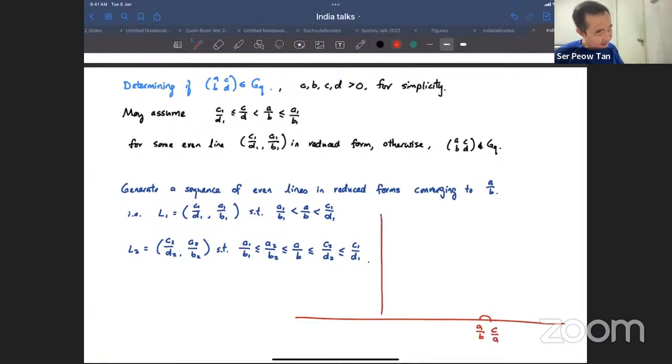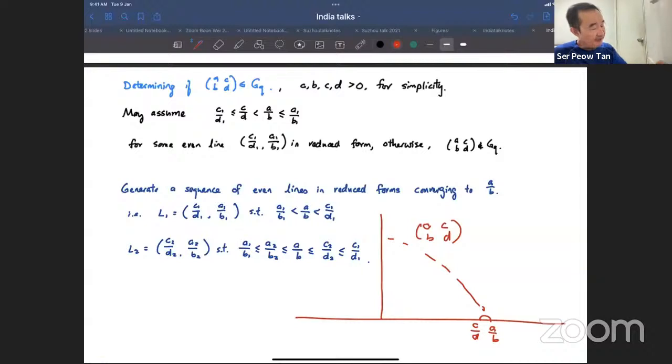Actually it should be, sorry, C over D, A over B, okay? So A, B, C, D maps this line to this over here, right?